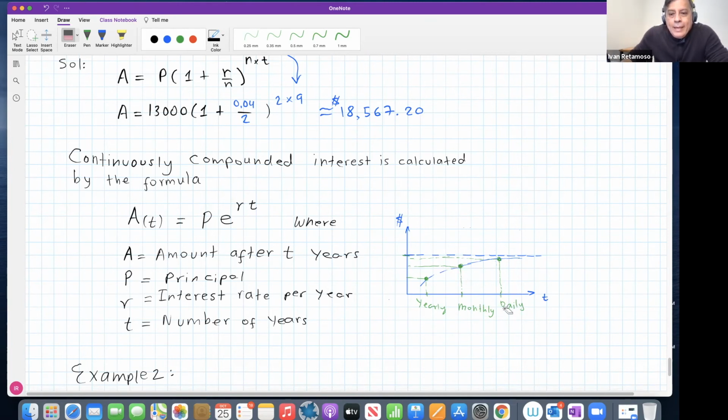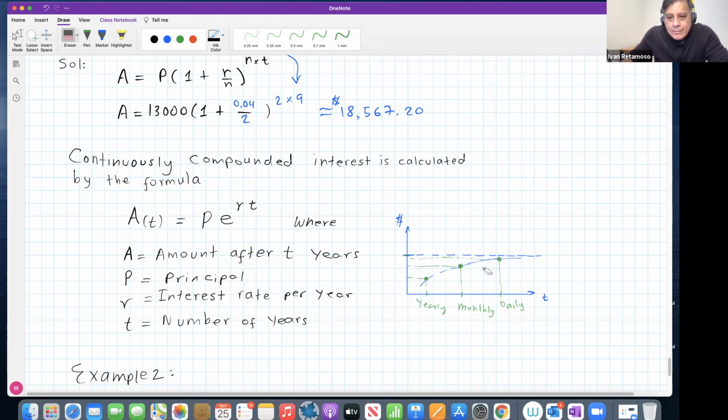If you do it daily, since n is 365, even more. But it turns out if you keep increasing the number of times your interest is compounded in a year, from daily you can go to hourly, every minute, every second, this growth is bounded above by some real number.